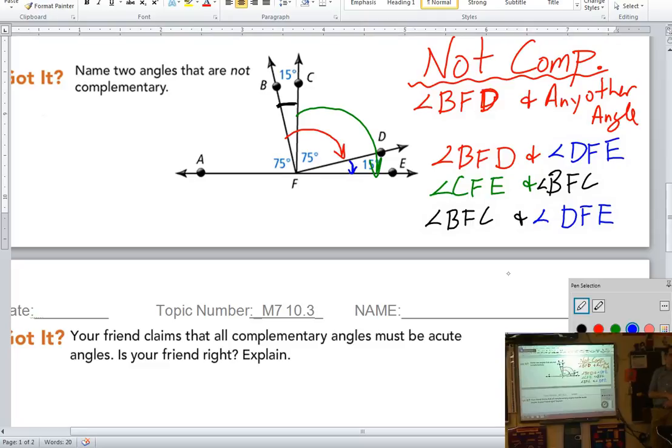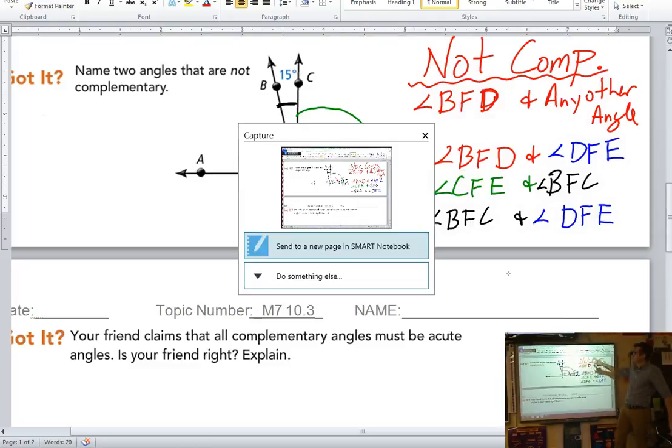Any questions? So there are more. We could keep doing this because we could go the big 90 and the other 90 would not be complementary. We could go the 75 and the 75 would not be complementary with each other. We've got a lot of options here, but we would take a lot of time to talk about all of them. So we're going to go ahead and move on.